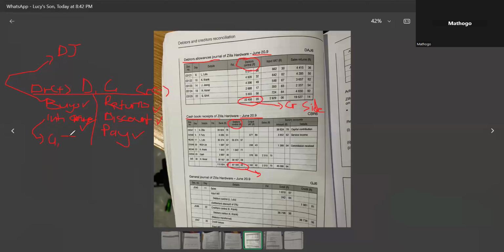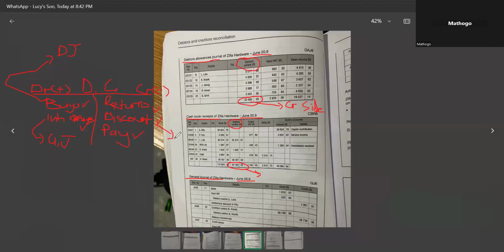General journal. I'm just going to use abbreviations. So the interest charged, you're going to find it in here. The interest charge on an overdue account. I'll show it to you just now. Are we together? Same thing with the settlement discount.